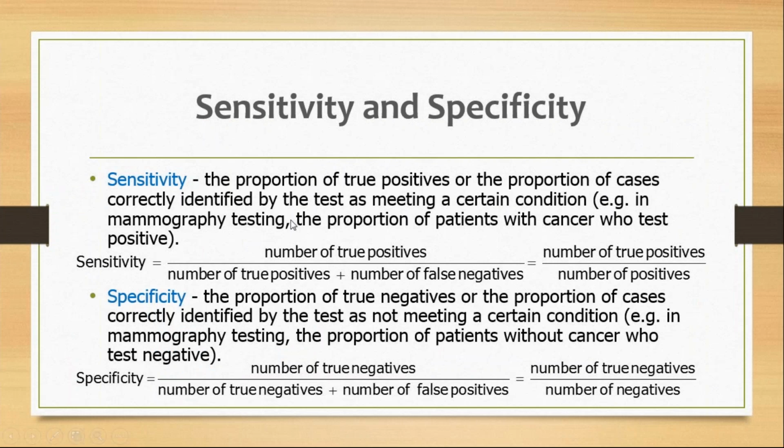Now, sensitivity and specificity. Sensitivity is the number of true positives divided by the number of positives, and specificity is the number of true negatives divided by the number of negatives.